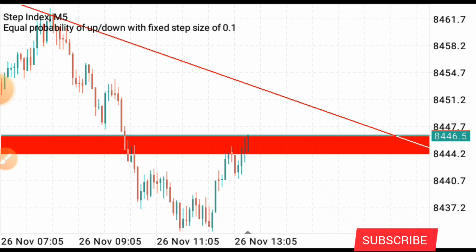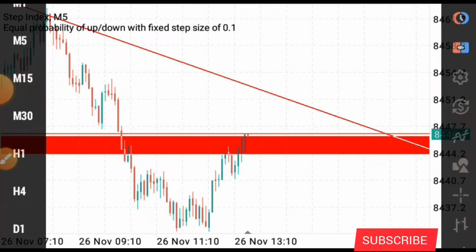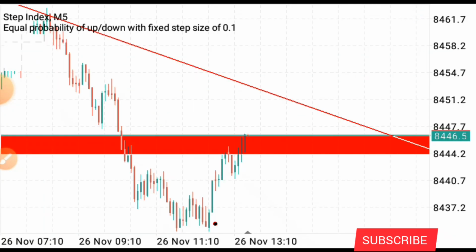Okay, I can't just enter. So here on the 5-minute time frame, this is what I would do. I'm going to draw a trend line here.